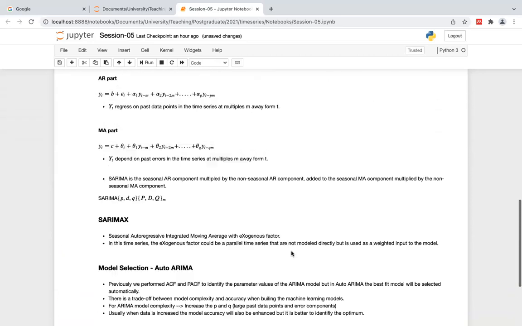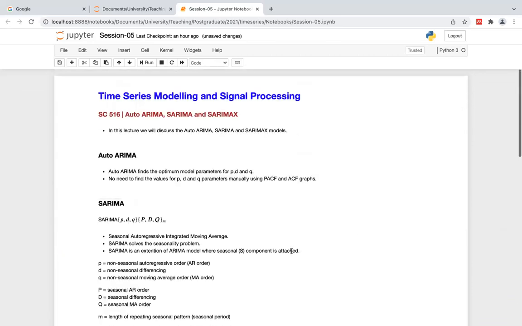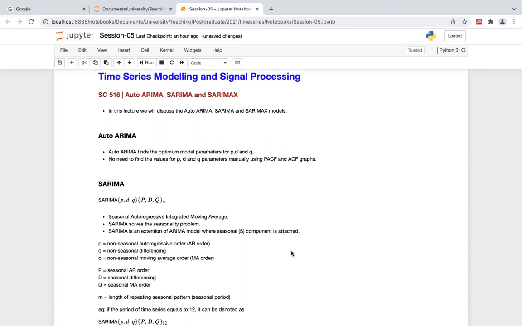So up to now, the objective of this lecture is to implement and get an understanding of auto ARIMA, SARIMA and SARIMAX models, right? We already know what the ARIMA model is.